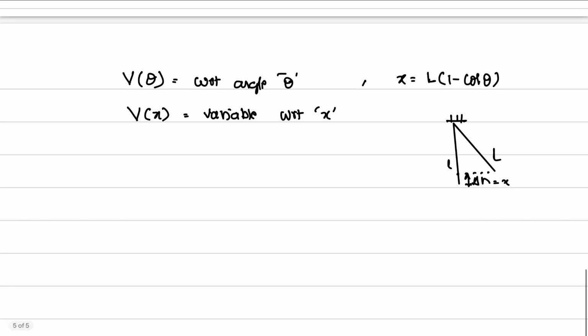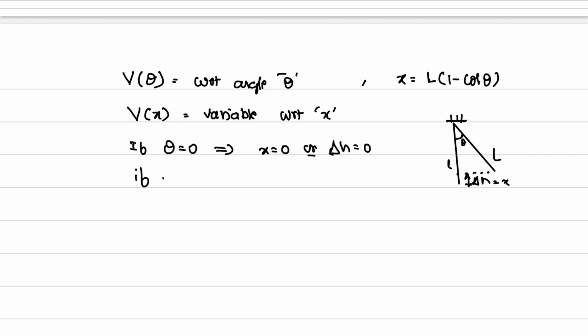If theta is 0, x is equal to 0. If theta is equal to 0, it implies x is equal to 0, or delta h is equal to 0.